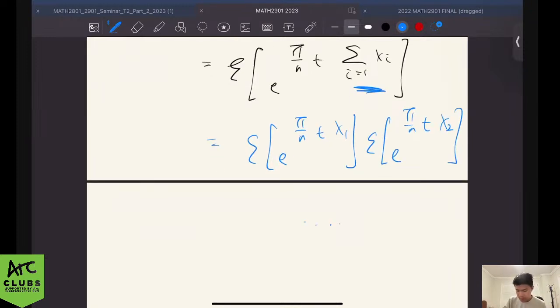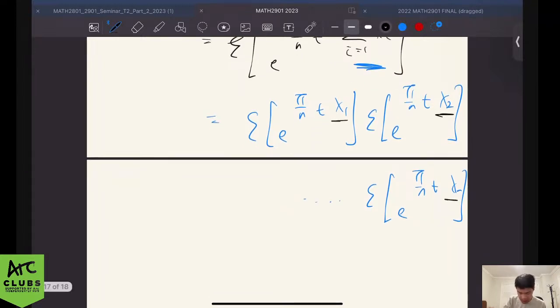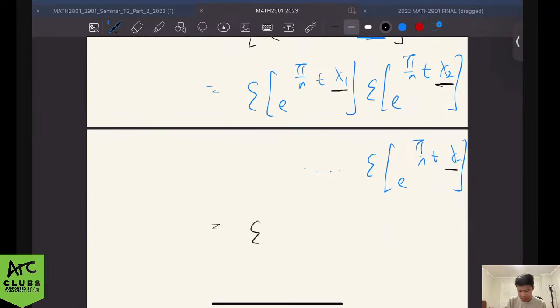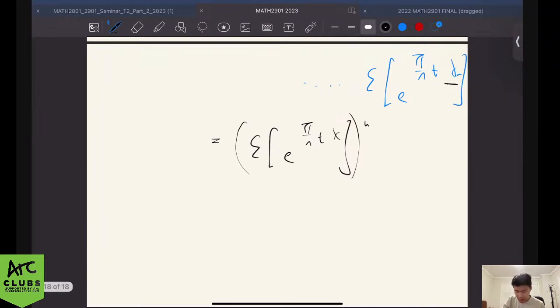You need to just write it all out. And because these are all identically distributed, you can just write it as a power of n, so they're all the same. So the expectation of this thing is going to be to the power of n. And then the next thing you deal with is this thing over here, the pi on n.